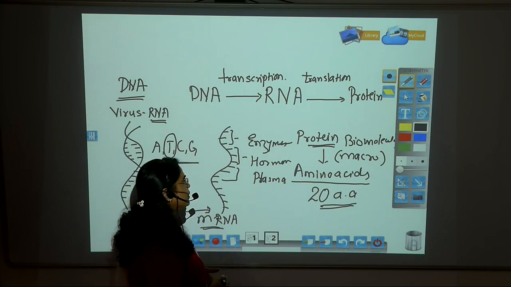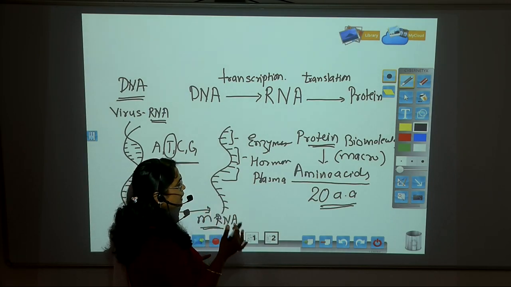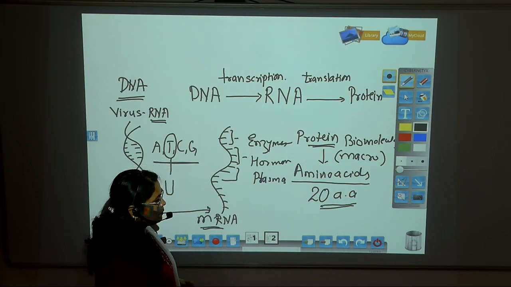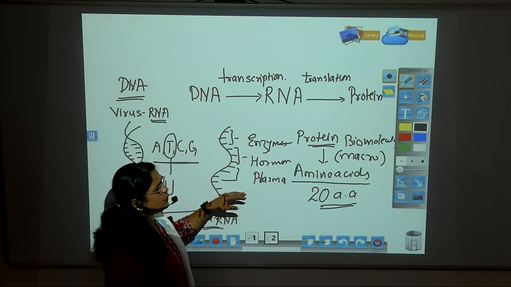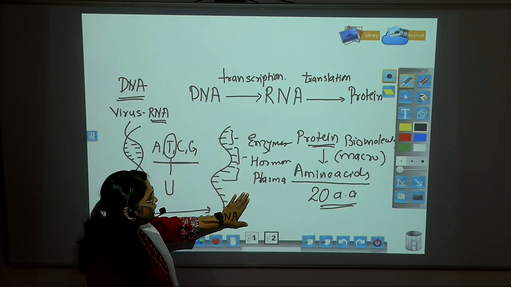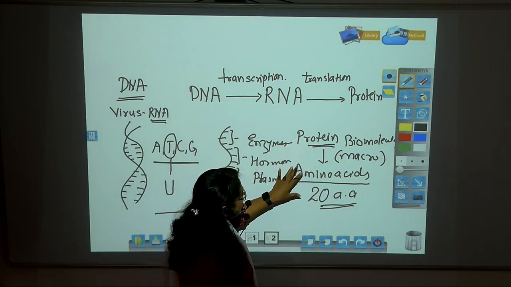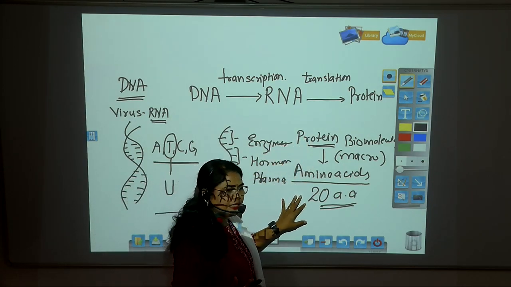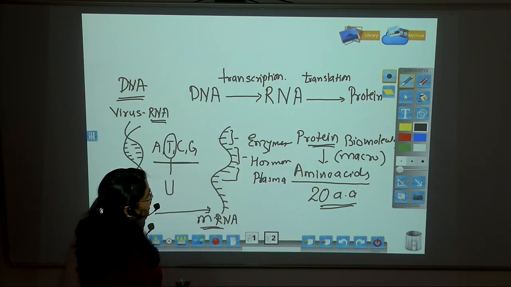There are carrier proteins, transmembrane proteins. Again, in RBC, hemoglobin is a protein. So protein plays a very important role in biological function. These proteins are made up of amino acids, and there are 20 standard amino acids which make up all the proteins in the body.